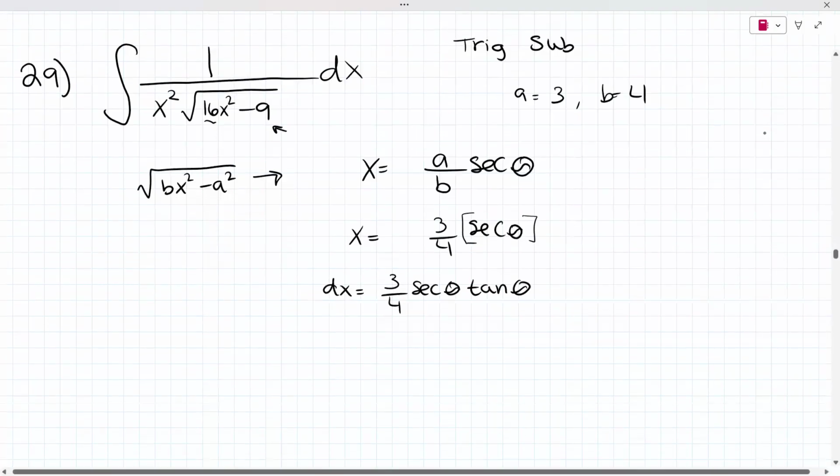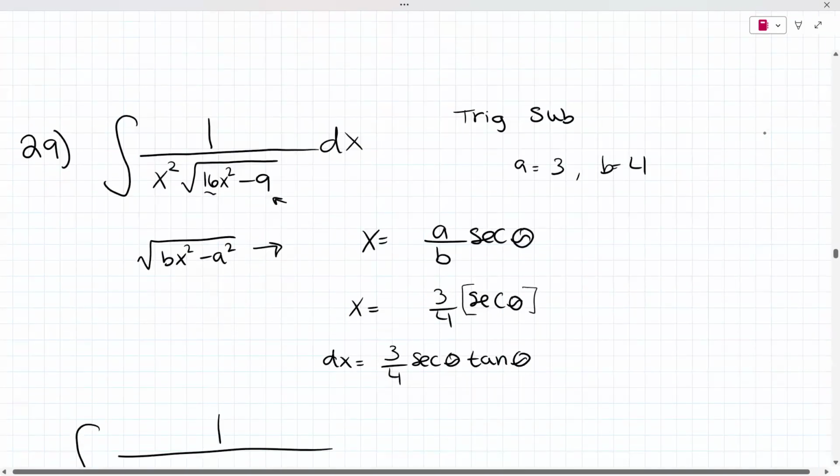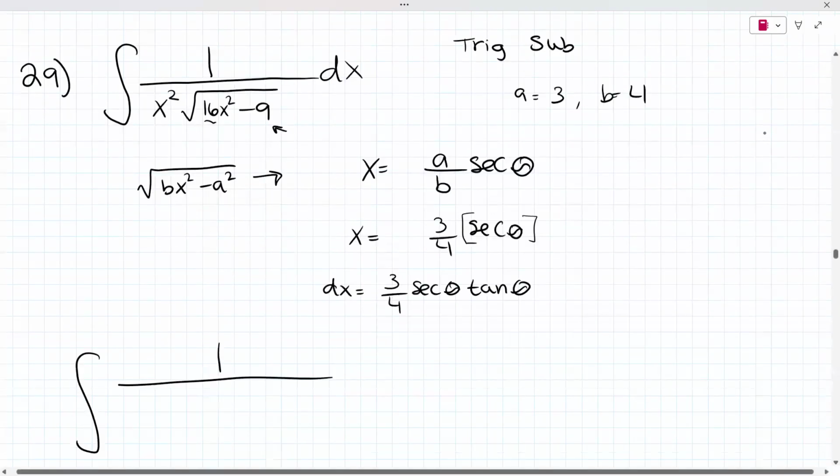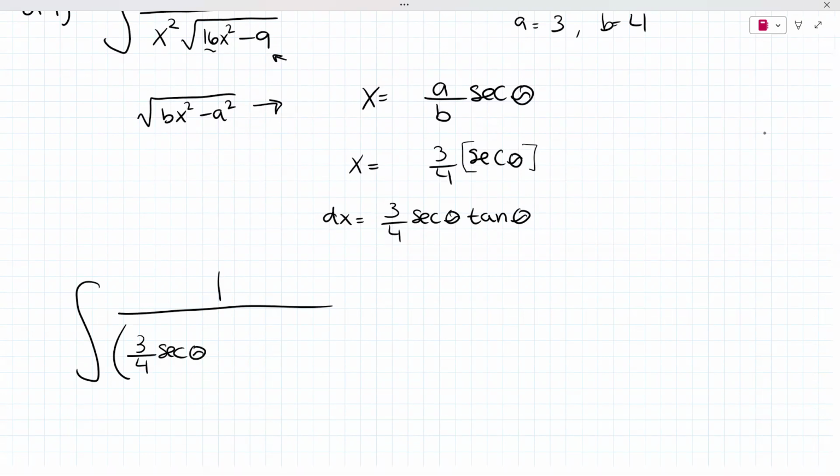So clean this up a bit, plug in, substitute what we need. So it's going to be 1 over, and we can replace x squared. Well, we know that x is 3/4 secant theta. So it's going to be 3/4 secant theta squared.